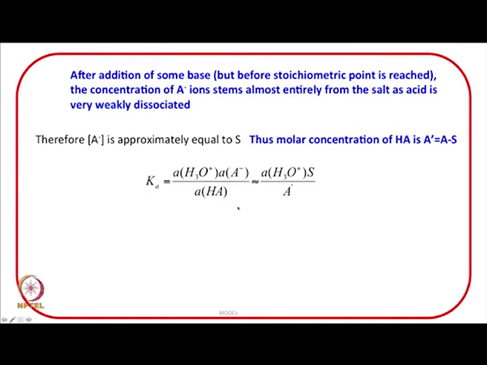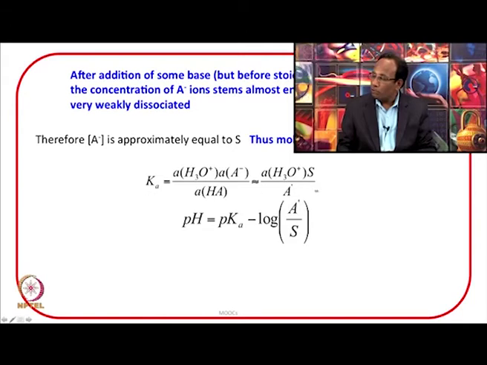Now when you convert this into pH or pKa terms, you take the logarithm on both sides and write pK as minus log Ka and pH as minus log activity of hydronium ions. You will get this expression: pH is equal to pKa minus log A prime by S.